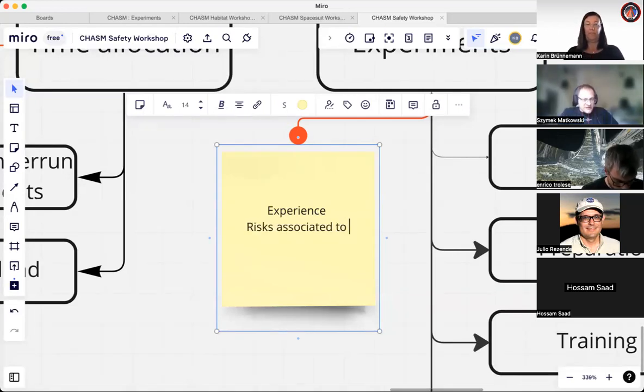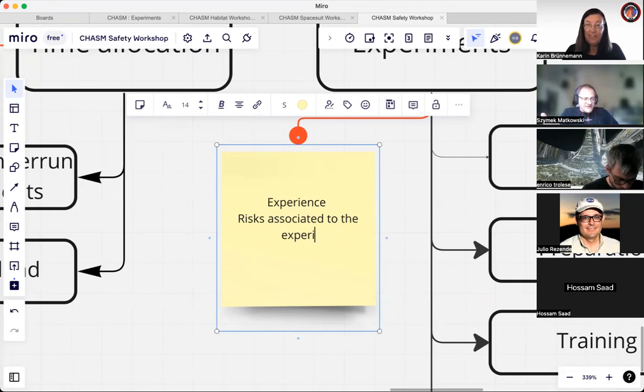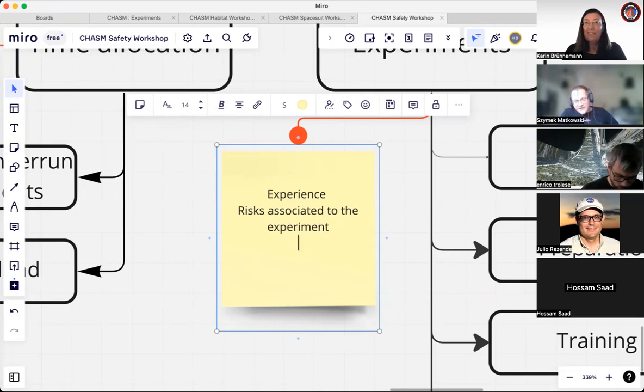And then risks should be noted, possibly the state of the habitat, like a failure of the infrastructure that would make it impossible to continue the experiment. Yes.